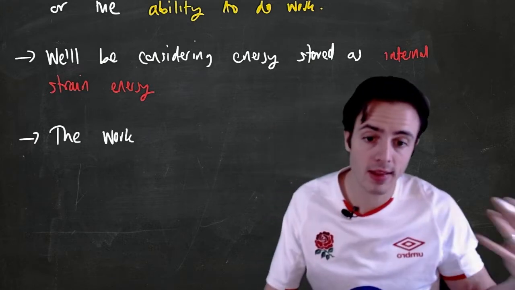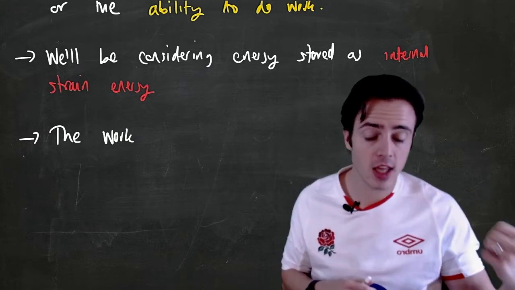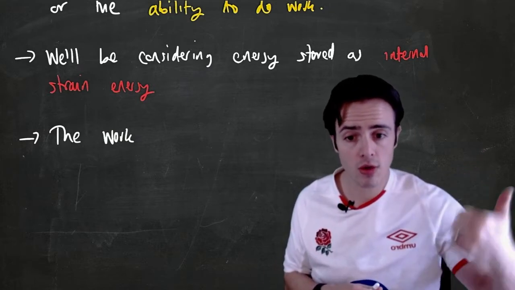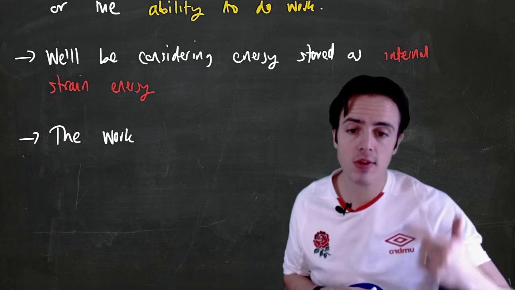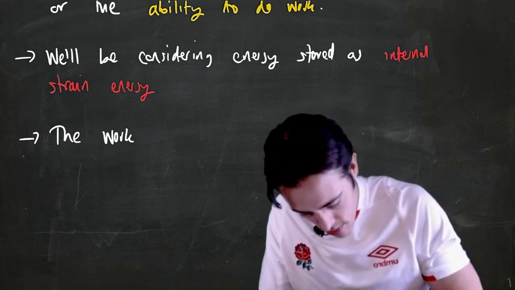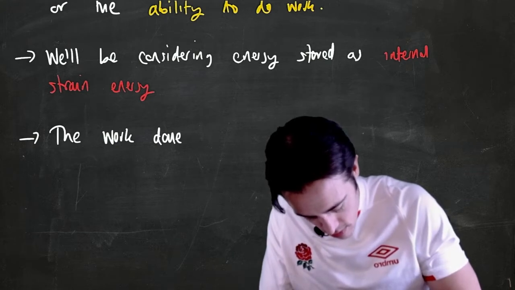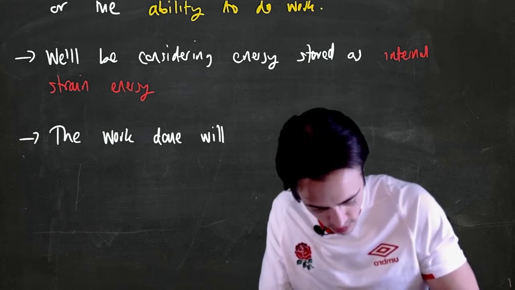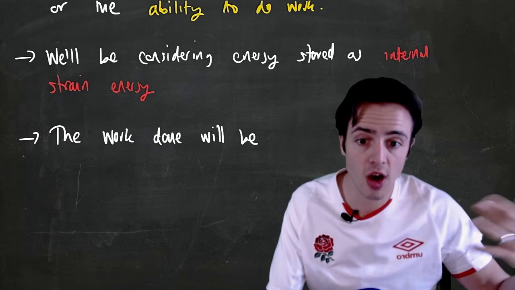So for work to be done, from the definition from physics, we need a force, and we need a displacement along the line of axis of the force. And we're going to consider the external work done.